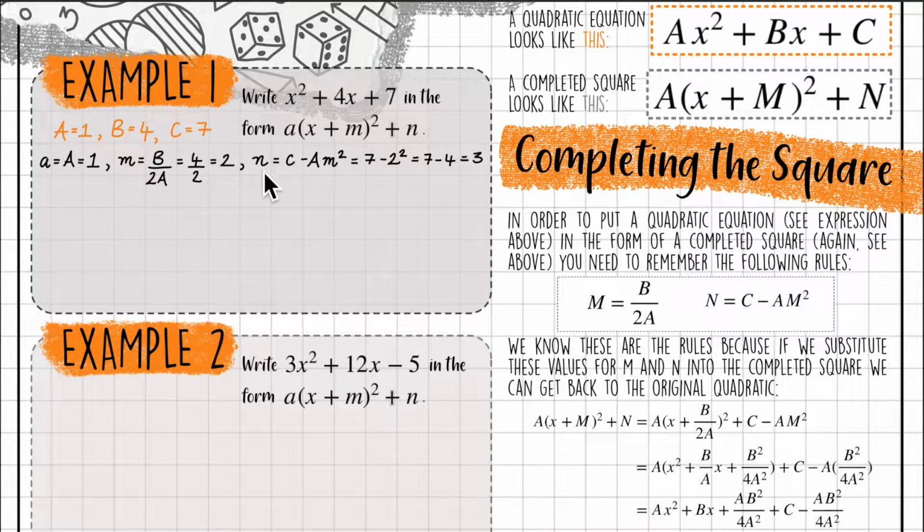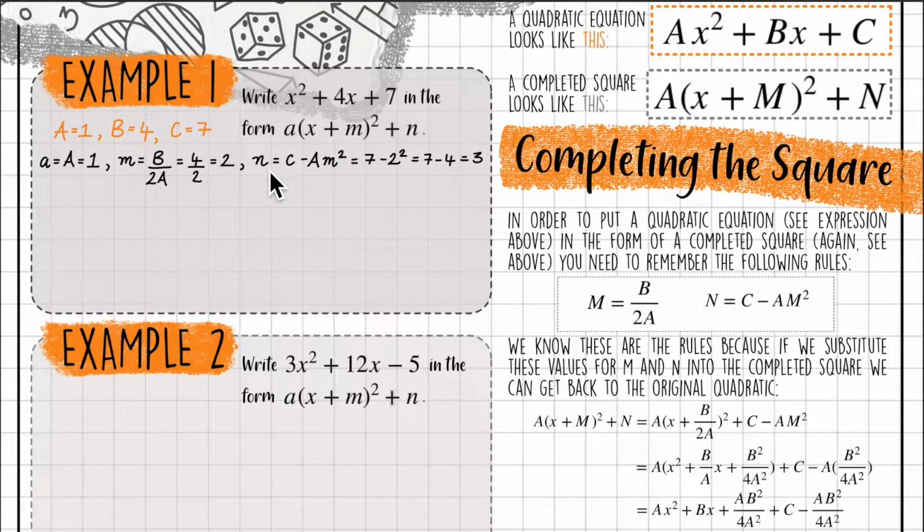And our last rule, N, this is to find this number here. We know that N is equal to C minus capital A times by M squared. Well, C, we've written here, is this number from the original quadratic. It's 7. We know what A is. We found it here. Capital A is equal to little a, which is 1. And we've just worked out what M is. M is 2 here.